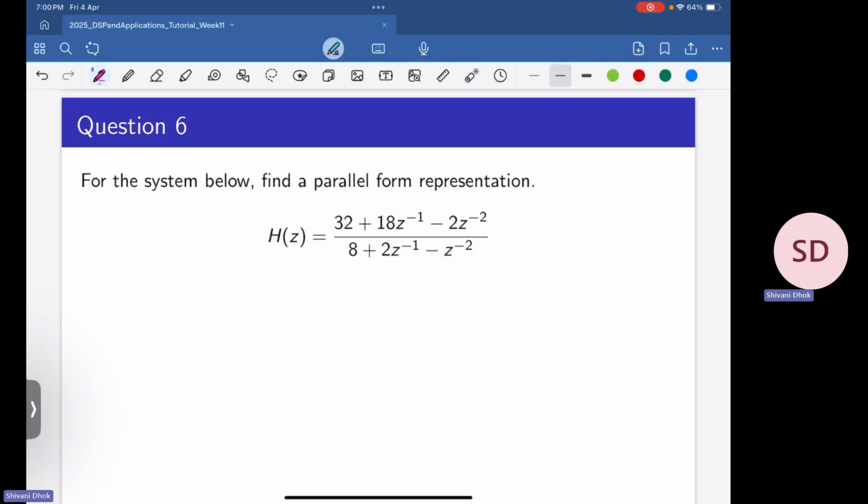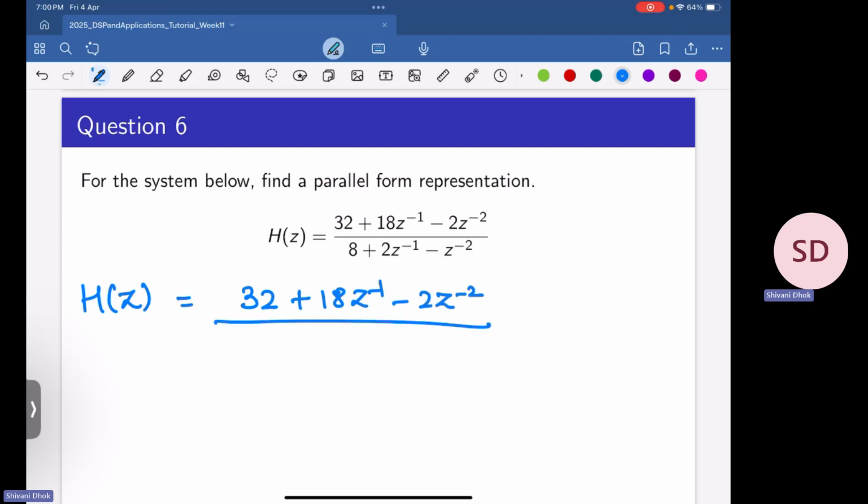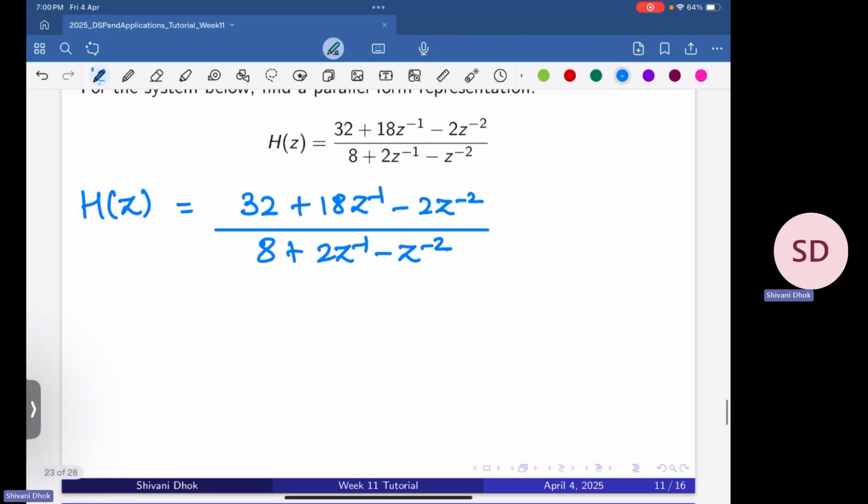Okay, so let's start. So what is given to us? We are given H of z is equal to 32 plus 18z inverse minus 2z to the power minus 2 divided by 8 plus 2z inverse minus z to the power minus 2. Now from the numerator, I'll take 2 common.